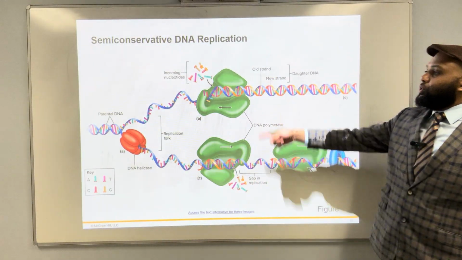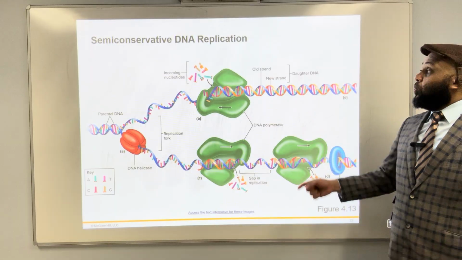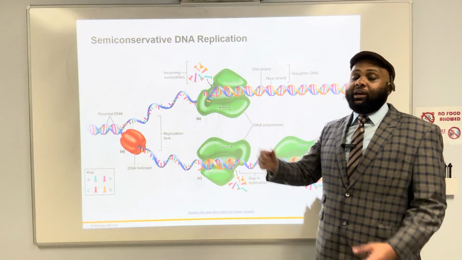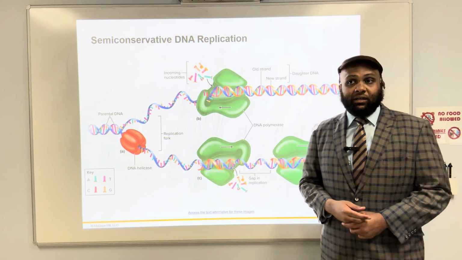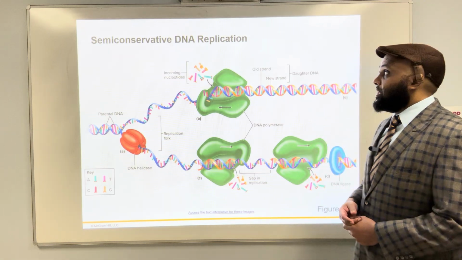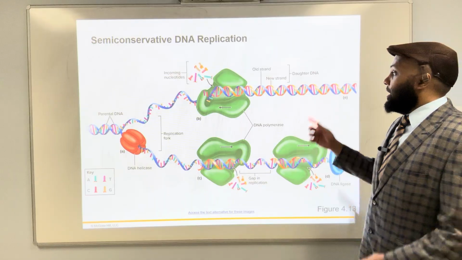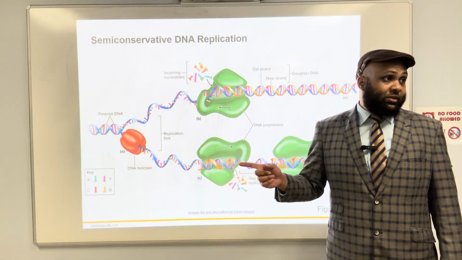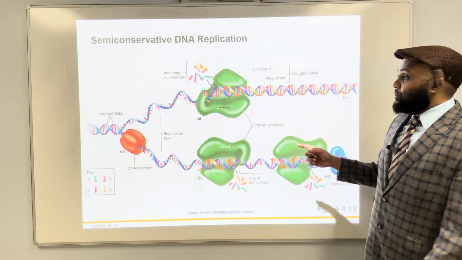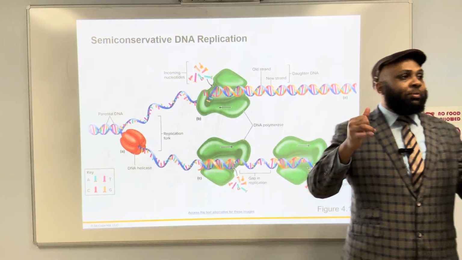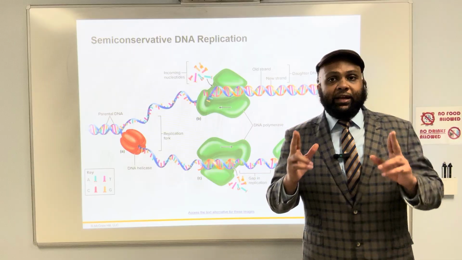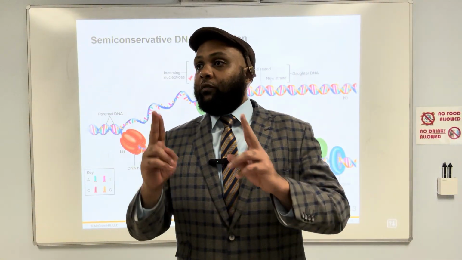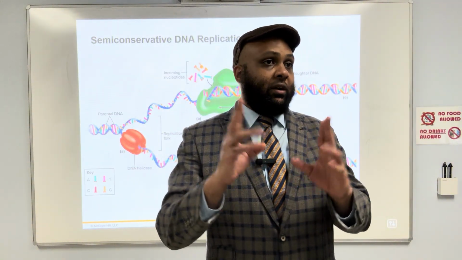Then you have two strands. What's going to happen now is you see this big green enzyme here. What is that? This is the DNA polymerase. It's going to be making DNA for us. And you know the DNA is anti-parallel. So the DNA is in fact made up of two strands that are bound to each other.